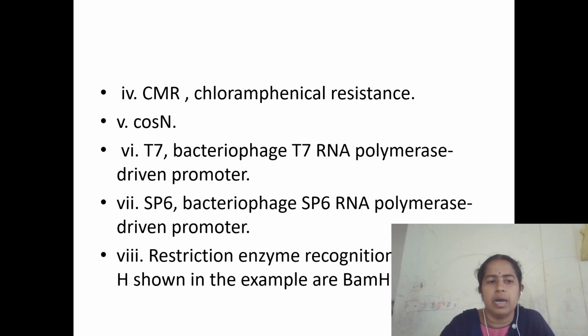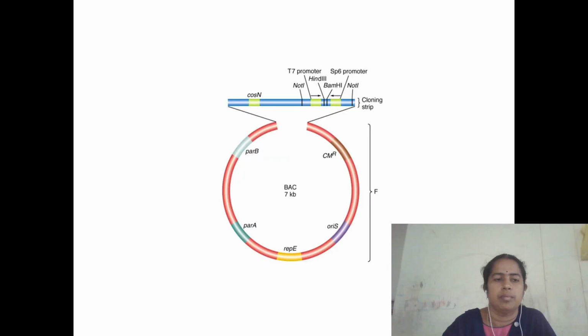Then chloramphenicol resistance, COS-N, T7 bacteriophage, T7 RNA polymerase driven promoter, and SP6 bacteriophage, SP6 RNA polymerase driven promoter, and restriction enzyme recognition sites B and H, shown as BamH1 and HpaI.